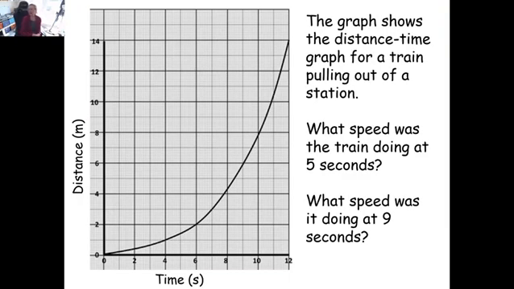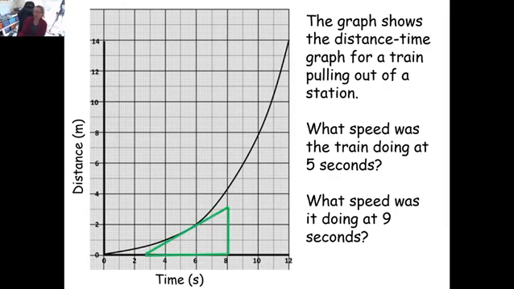Now I would usually give this to you as a worksheet year 10 in class. If you're able to take a screenshot of that and print it off, then I would like you to work out the speed of the train 5 seconds into its journey here, and also at 9 seconds into its journey. So if you're able to do that, then please print off a copy and have a go at drawing out the tangent and working out the gradient.